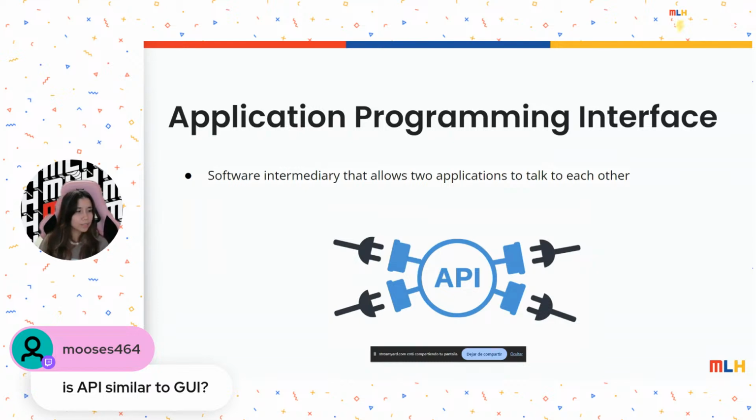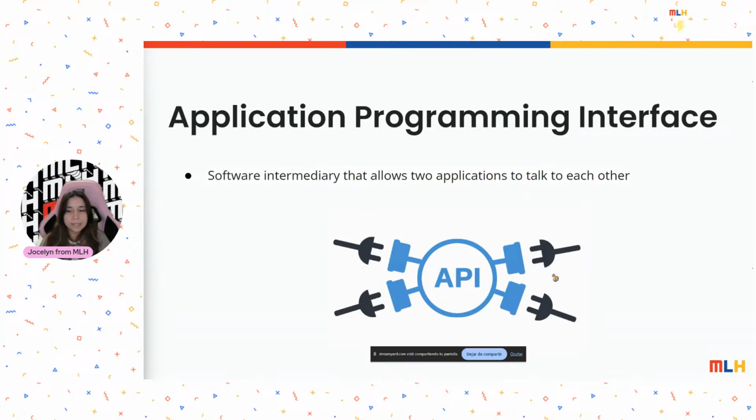It's an internal tool, basically. You will learn in a second what I mean by this. An API is basically a software intermediary that allows two applications to talk to each other. So imagine we have application A and application B, and we want to connect them through something in the middle that makes them talk to one another.